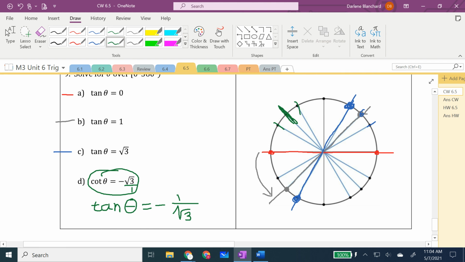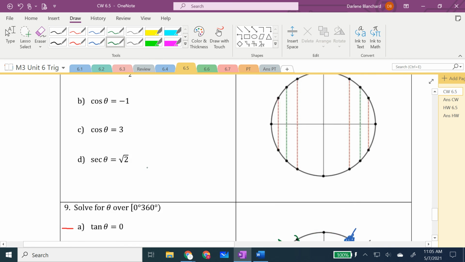Negative 1 divided by root 3. 1 over root 3 means less steep, and that would be this slope that takes me through the angles of 30 degrees before 180, which is 150, and 30 degrees before I hit 360, which would be 330 degrees. And you can always do that when you go to cotangent, just reciprocate it, and then you have it.